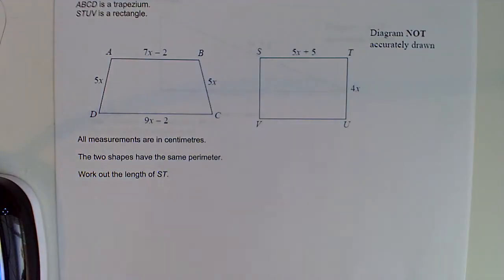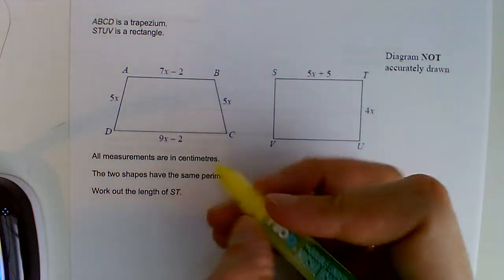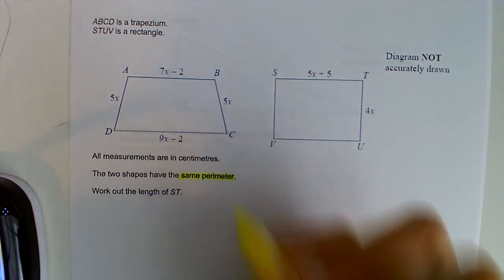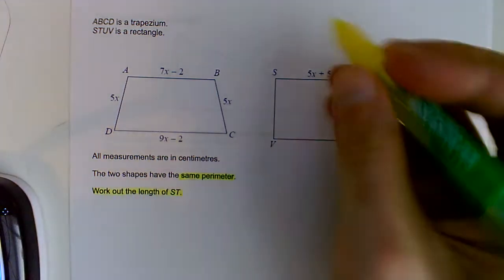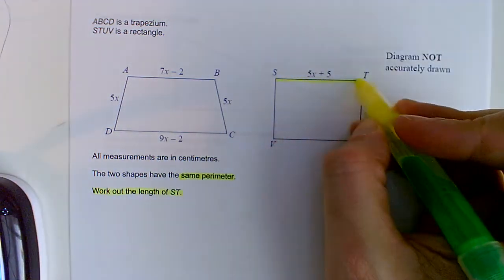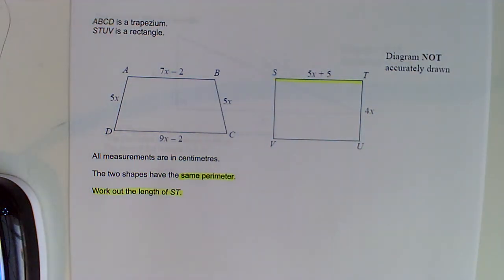Okay, all measurements are in centimetres, not particularly important. We know that our answer is going to be in centimetres down here anyway. The 2 shapes have the same perimeter. Dead important. Okay, and what I want to figure out is work out the length of ST. So I want to know what that length of the rectangle is in terms of centimetres.